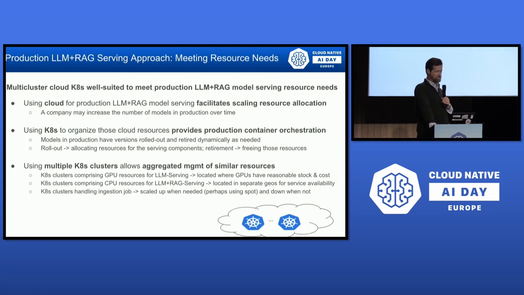So obviously for this, we're going to use a multi-cluster Kubernetes deployment across multiple different clouds. If we use multiple clouds, that means that we can take advantage of all the kinds of benefits that you get from operating in a hyperscaler. We can also, by deploying multiple Kubernetes clusters, define each one to have the different kinds of resources that our architecture could benefit from.